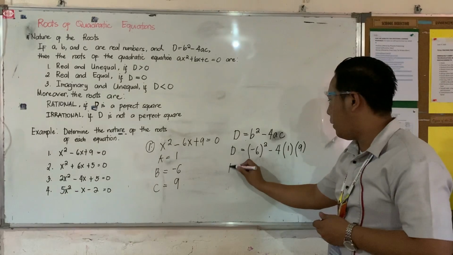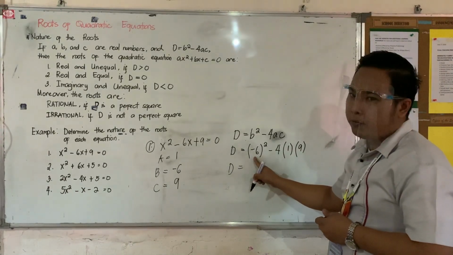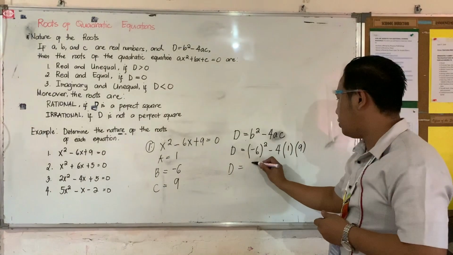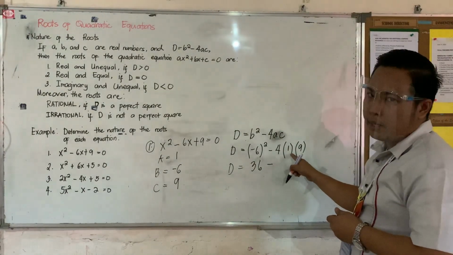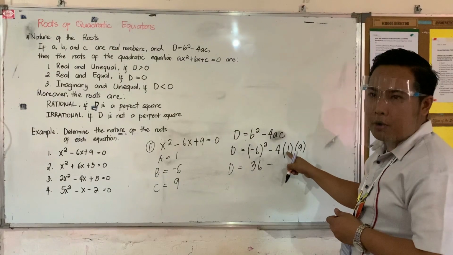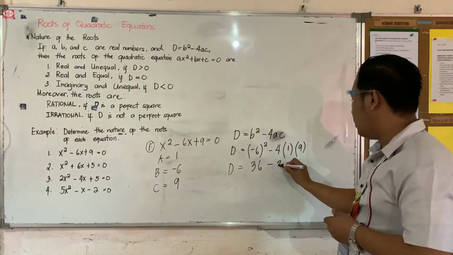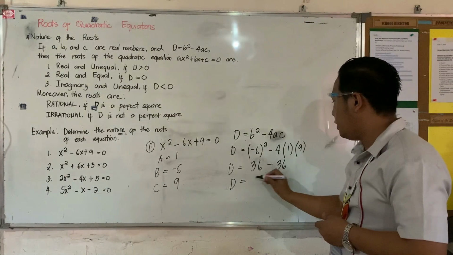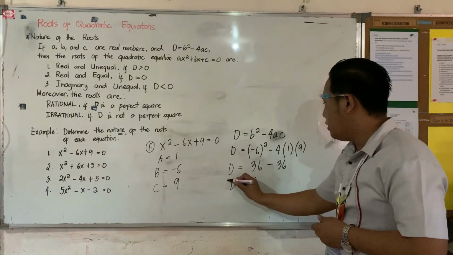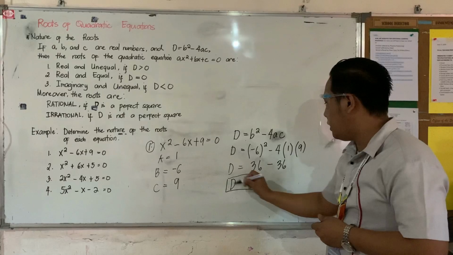Okay, then we will evaluate. What would be the square of negative 6? So that gives us 36 minus the product of 4, 1, and 9. 4 times 1 is 4, times 9 is 36. So what is now 36 minus 36? The result would be 0. So the value of our discriminant is 0.